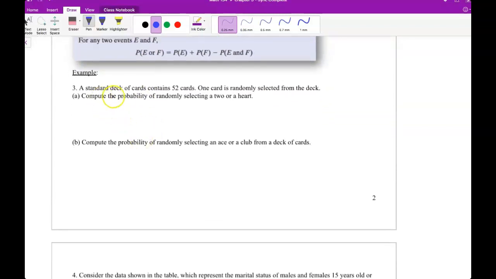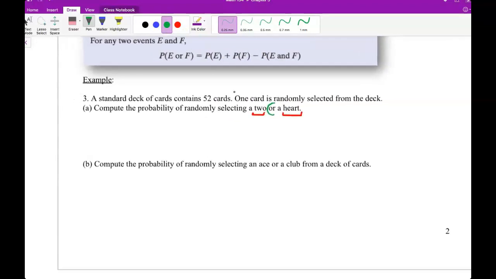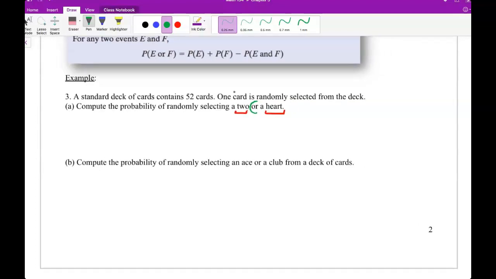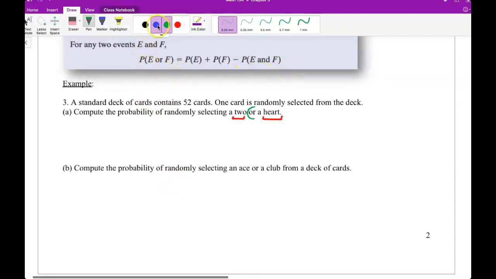Now example number 3: a standard deck of cards contains 52 cards. One card is randomly selected from the deck. Part A, compute the probability of randomly selecting a 2 or a heart. Okay, I'm going to rewrite that part again, because I did the same thing on the first page, showing with what OR and AND is.